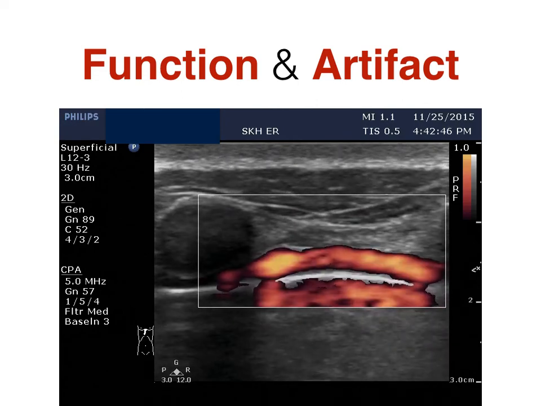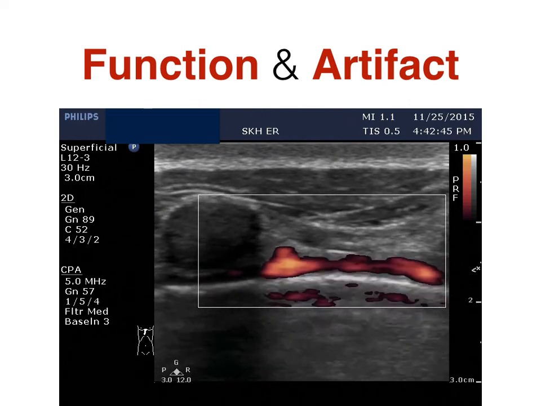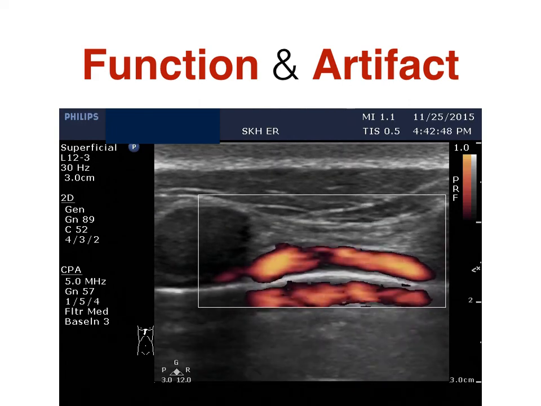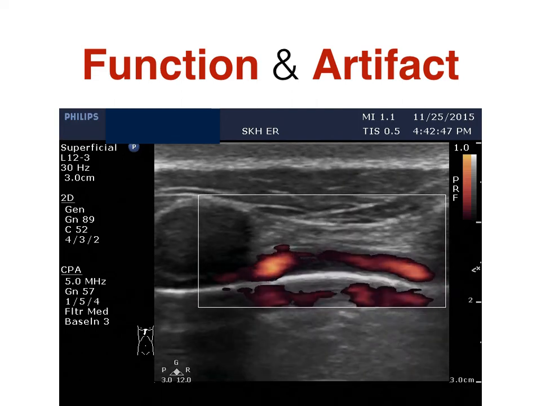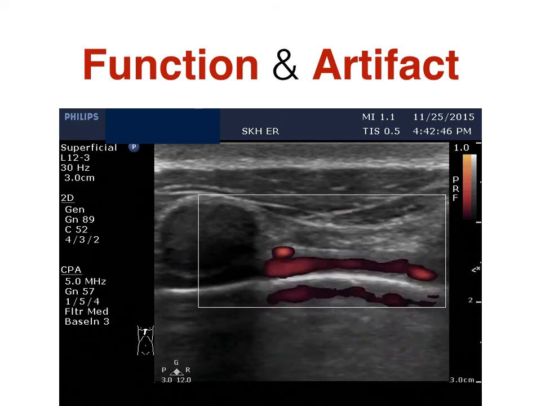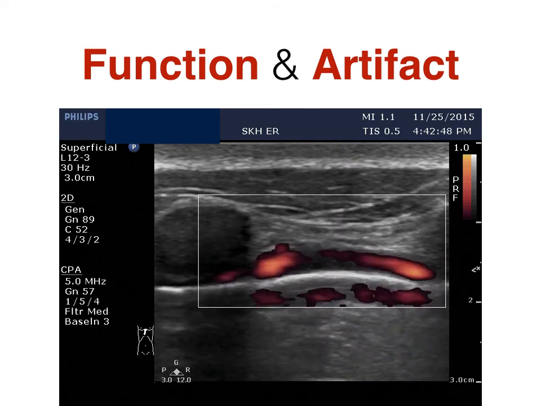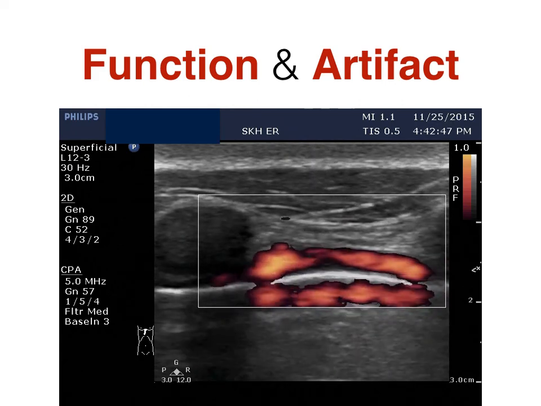But if you are trying to detect only whether there is flow or not, or to detect the reduced flow, we use power Doppler. Power Doppler is quite essential for emergency physicians because most of the situations we need to detect flow or no flow because that's the emergency problem.